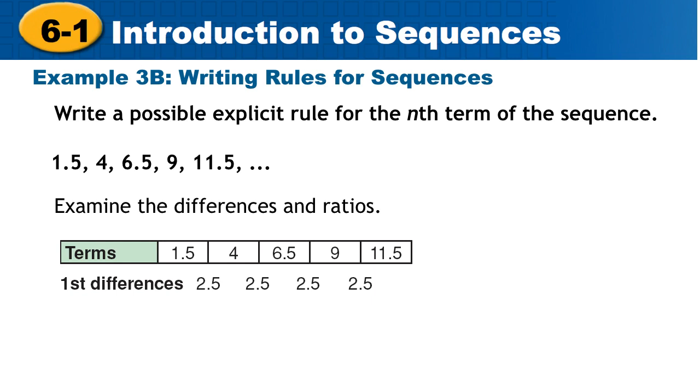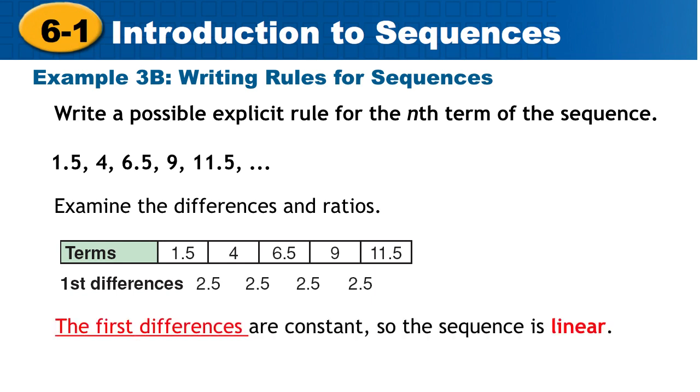So first differences are same, they're constant. So I don't need to take a look at the second differences and ratios. It's enough. Now I know the pattern. Since first differences are constant, the sequence is linear.